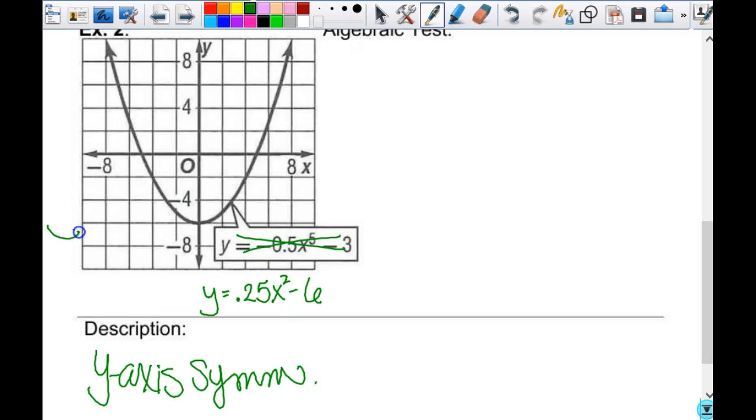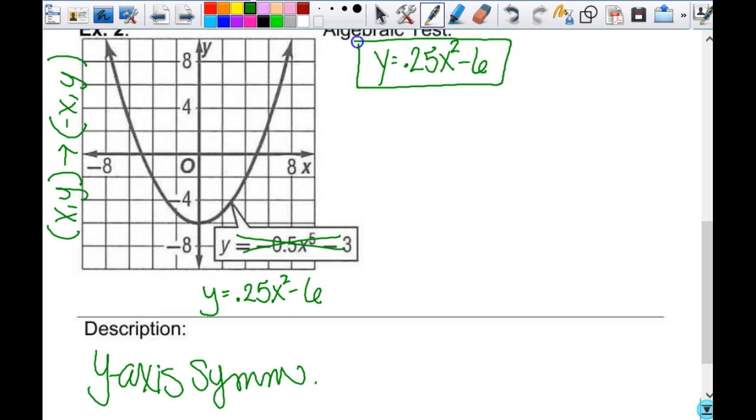If that's true, that means that (x, y) maps to, what changes, x or y? X, so this would be (negative x, y). I'm going to rewrite my original up here: it's 0.25x squared minus 6. Okay, so there's my original one.